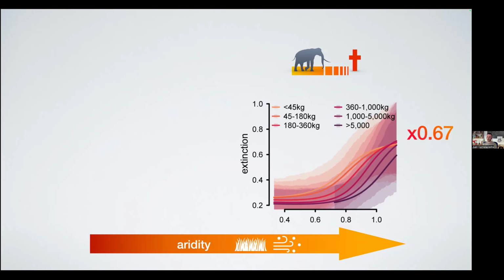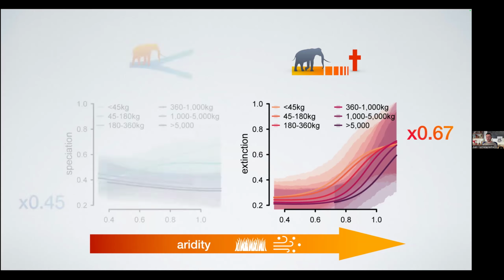Actually, larger things, even in the moment of higher extinction driven by increasing aridity, only show 2/3 of the extinction risk of the smaller things. So what this is telling us is that even with environmental forcing, larger things were not experiencing higher extinction risk than smaller things. So why do we lose so many larger size species in Africa in the last 4 million years?